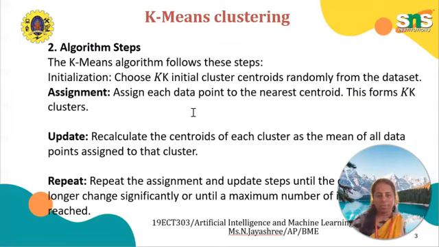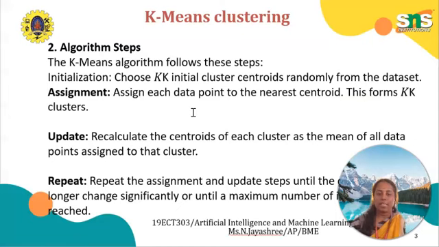Next step is what? Algorithm steps. There are 3 algorithm steps in this K-means algorithm. The first one, initialization. Choose K initial cluster centroids randomly from the data set. Assignment. Assign each data point to the nearest centroid. This forms K clusters.